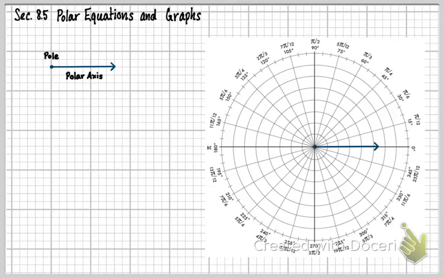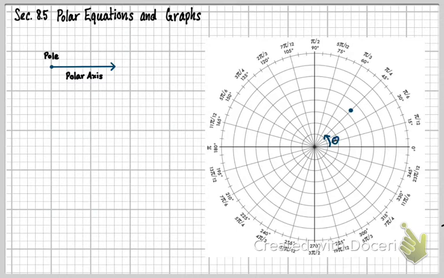So now, for instance, if I had, let's say, a point. And let's say we're talking about this angle here. So that angle there would be theta.